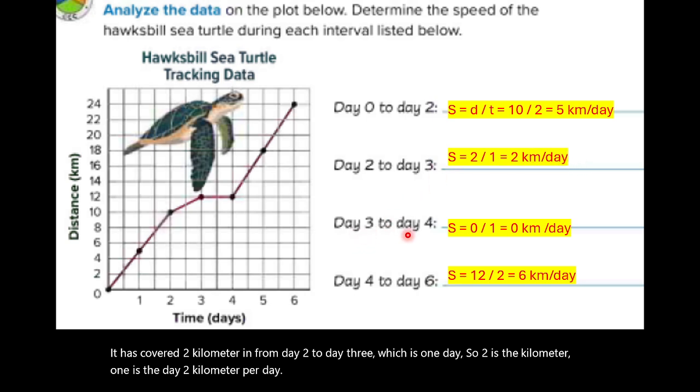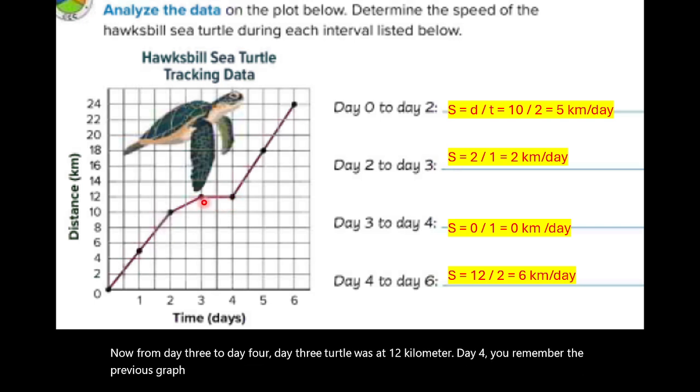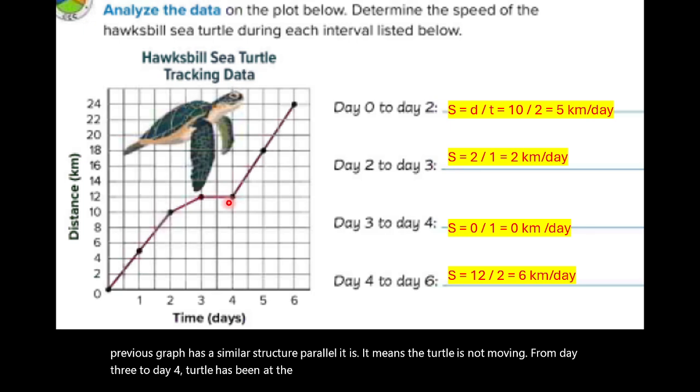Now from day 3 to day 4. On day 3, the turtle was at 12 kilometers. On day 4, you remember the previous graph has a similar structure, parallel. It means the turtle is not moving. From day 3 to day 4, the turtle has been at the same kilometer, 12, 12.